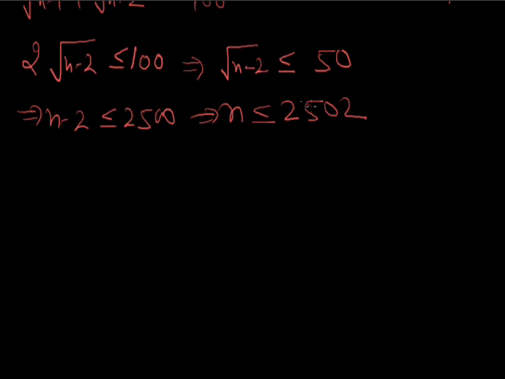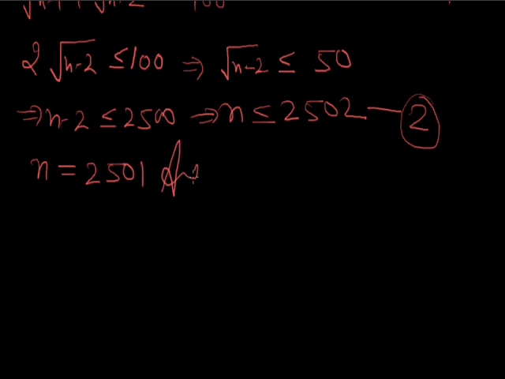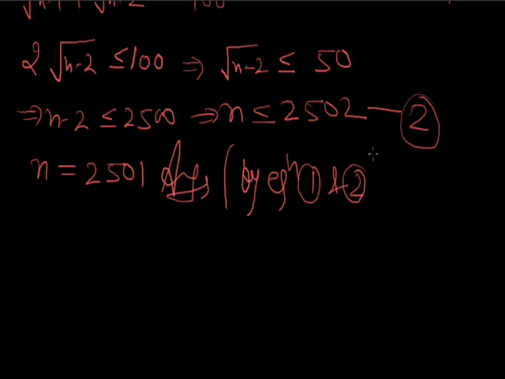Now in the first equation we have n greater than 2500, and in the second equation we have n less than or equal to 2502. So in such a condition we have only one natural number, that is n equal to 2501. That is our answer by equations 1 and 2.